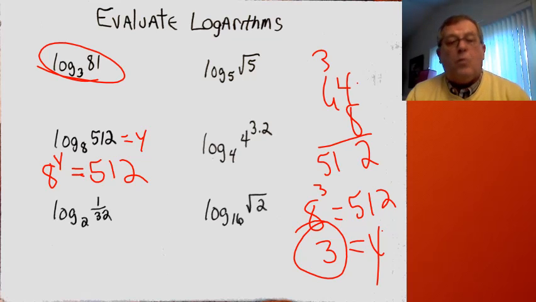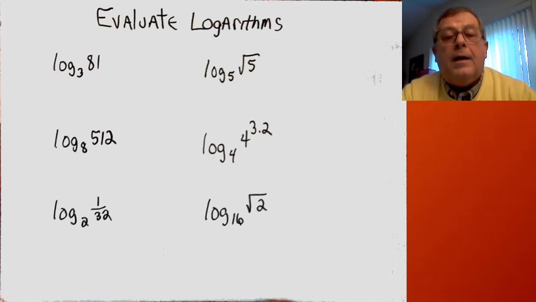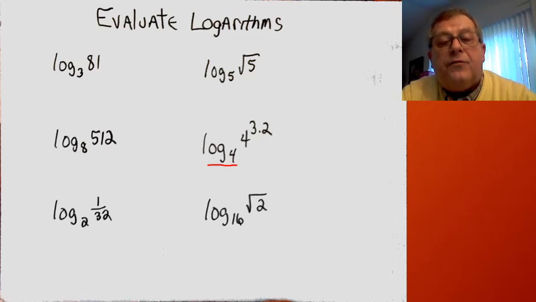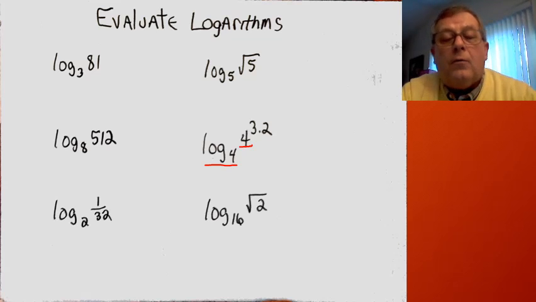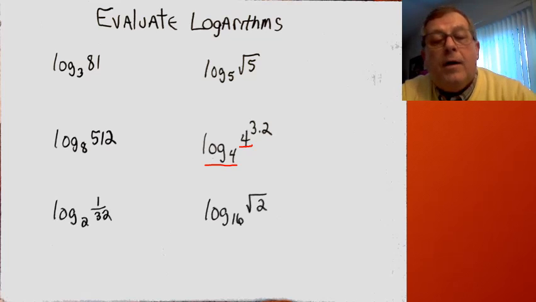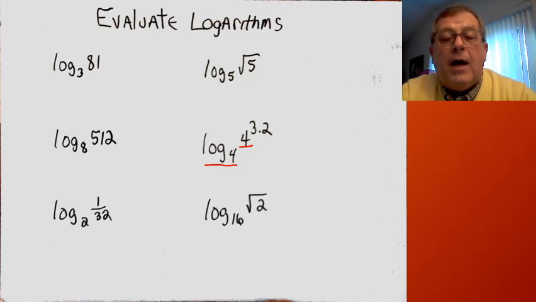Okay, we'll look at one more right quick. Now here you see I've got log base 4 of 4 raised to a power of 3.2. Now that looks really, really complicated. However, when I have a log to a base of that same number, in this case log base 4 of 4, well, these just cancel out.